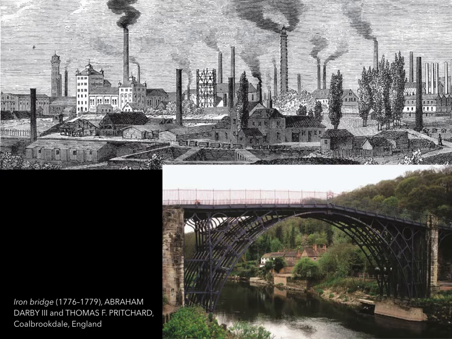This happens first and mainly in England, but we're going to see it all over the world, that people begin to move from an agrarian existence, from being farmers, to moving to the cities to become workers in factories. So there's a shift from rural to urban at this time. But we also have new technological advances like iron bridges. This is the first iron bridge that was built in England around 1780.